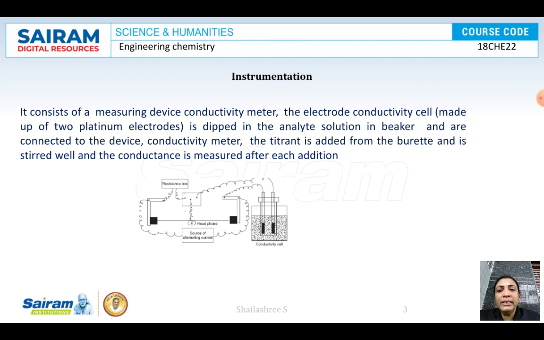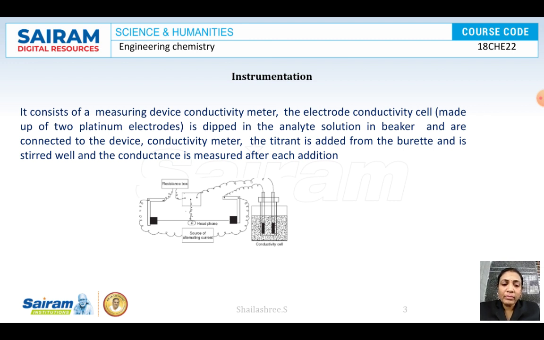Coming to the instrumentation, the conductometric instrument consists of a digital conductivity meter. And here we are using the conductivity cell, which is made up of two platinum electrodes, that will be dipped in the analyte solution and connected to the conductivity meter to measure the conductance.